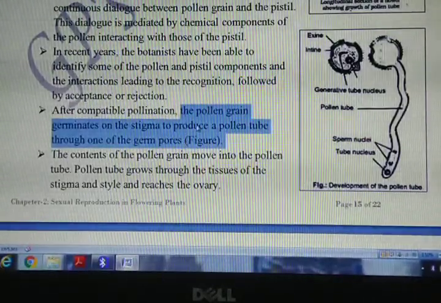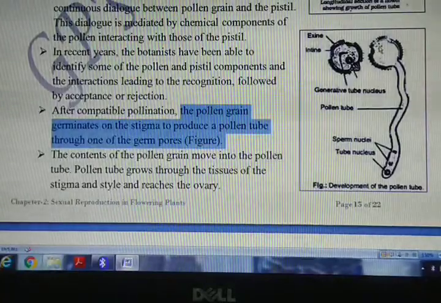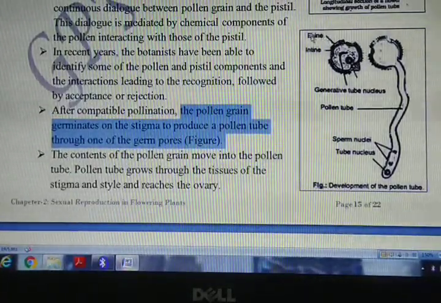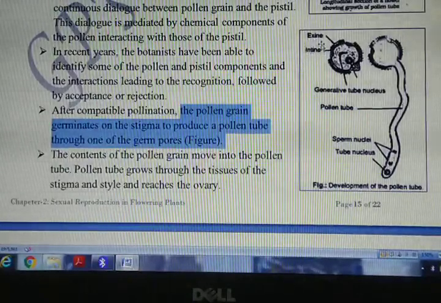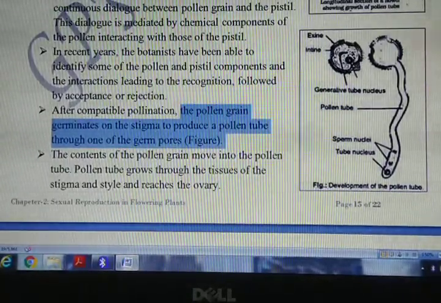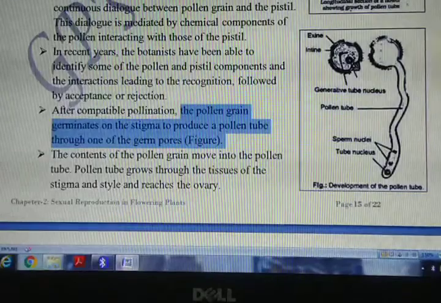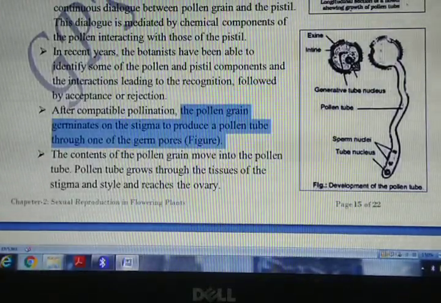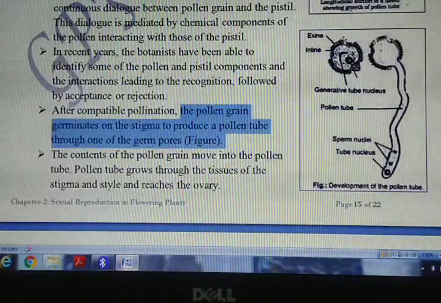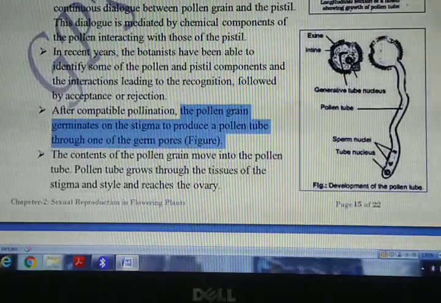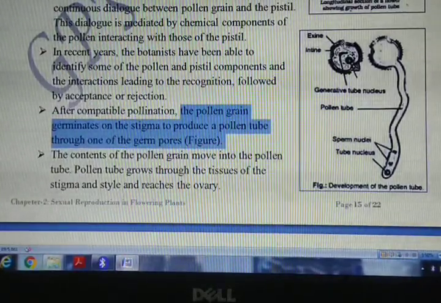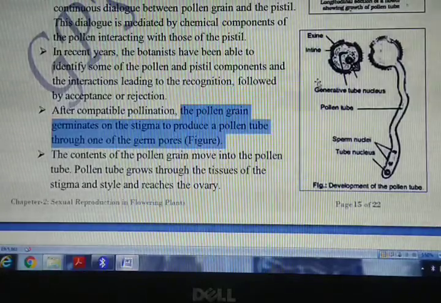Pollen grain is bounded by two wall layers. Outer layer is exine, inner layer is intine. Intine is a continuous layer inside which a plasma membrane is present. Whereas the outer layer exine is not continuous. At different locations there are spaces left where the exine is not there. And if you remember, sporopollenin के बारे में बात किया था.